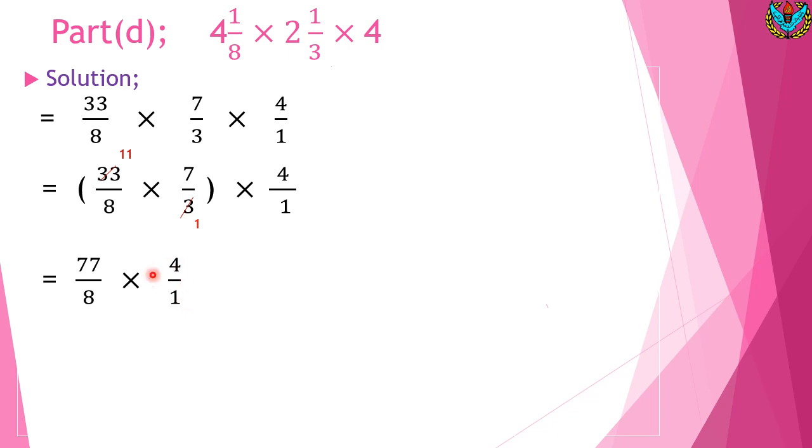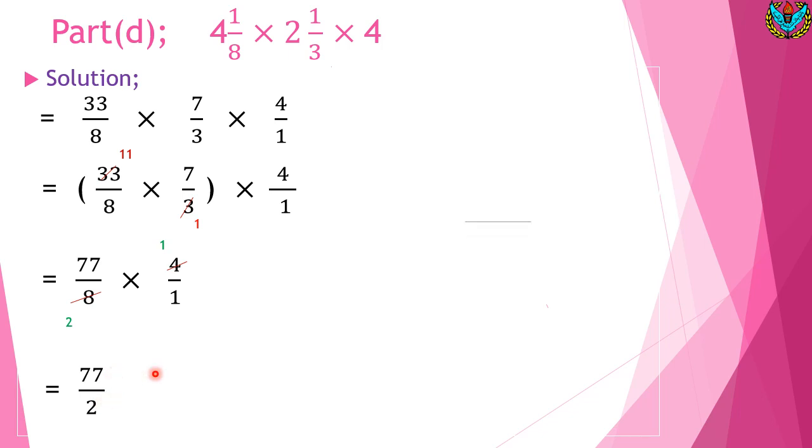Now this 4 and this 8, both of them are divisible by 4. Divide this 4 by 4, we get 1. Divide this 8 by 4, we get 2. Multiply this 77 and this 1, we get 77. This 2 and this 1, we get 2. This 77 by 2 is an improper fraction.